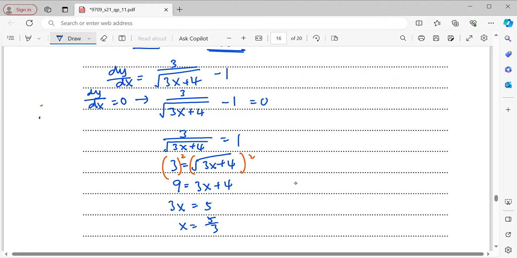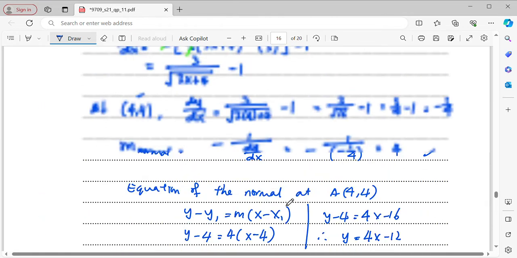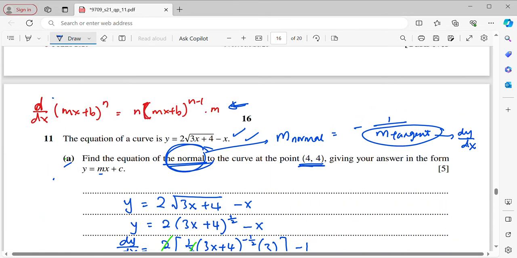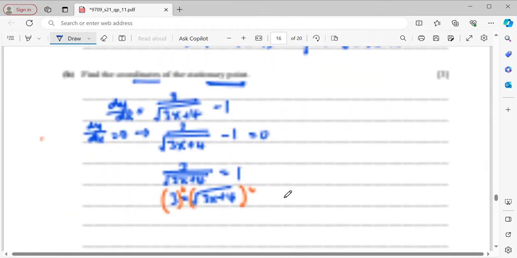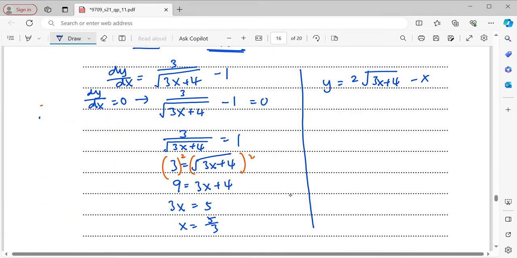And then now I need to find what is my y coordinate. So my y is 2 square root of (3x plus 4) minus x. This is from the question, which is here. Right, so now just need to replace the x value by 5 over 3. Then my y is 2 square root of 3 bracket (5 over 3 plus 4), then minus 5 over 3.